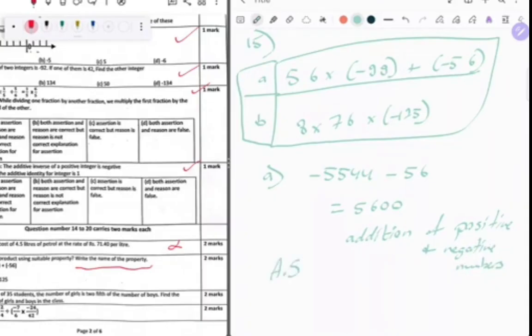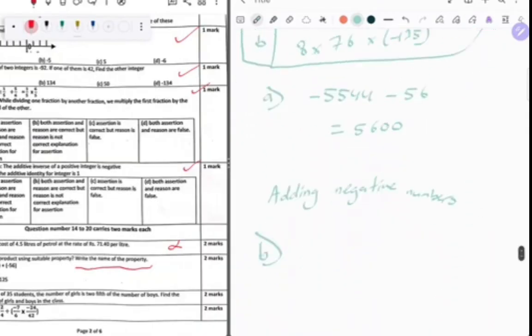Now what are you doing over here? You're adding the same sign, which is the negative sign, with two numbers. So it's adding negative numbers. This is a better way of saying it.